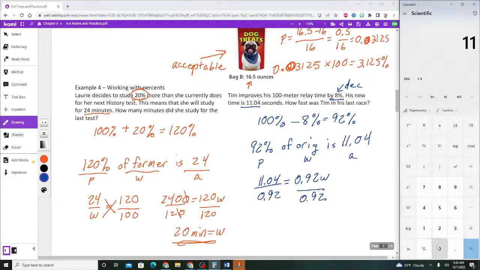So we have 11.04 divided by 0.92, which gives us 12. So Tim's last race, he ran his leg of the 100-meter relay in 12 seconds.